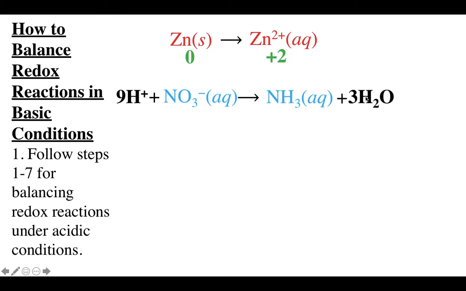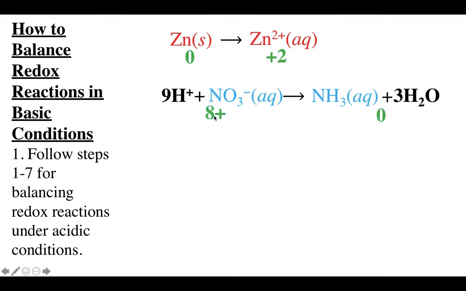At the bottom, the product side has no net charge because they're both neutral species, but on this side we have 9 protons, so that's a +9 charge, and 1 nitrate ion, which is a -1 charge. So the net charge is +9 and -1 together. Here it's 0, so those become +8.